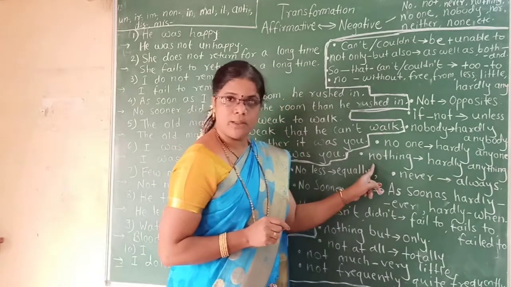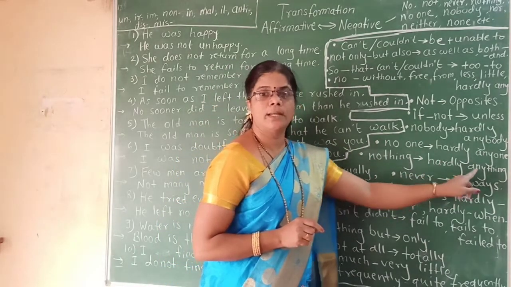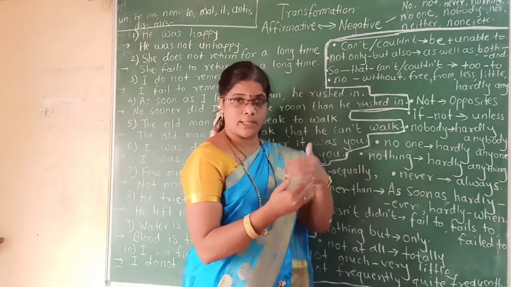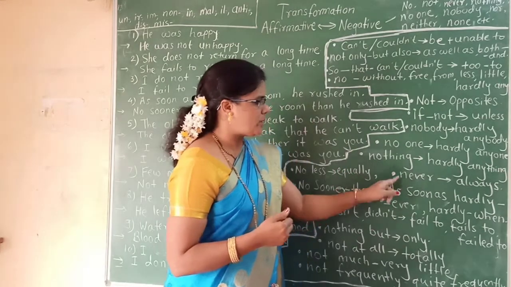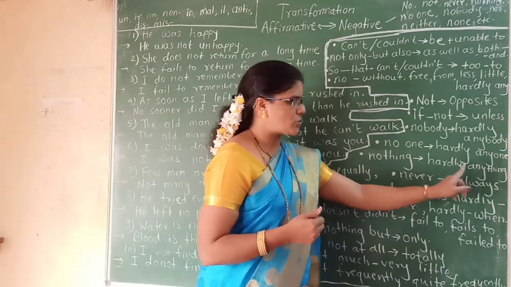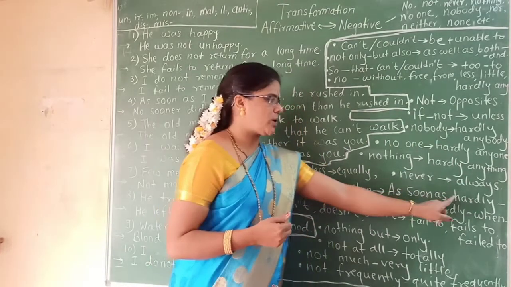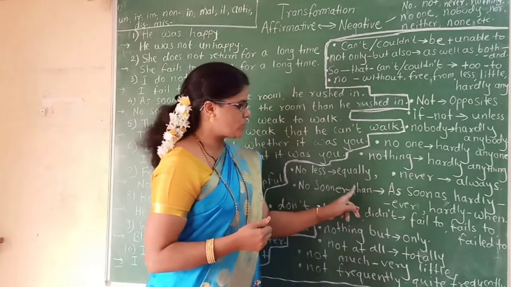If there's nothing in a negative sentence, in affirmative, you have to use hardly anything. And you have to see these changes vice versa also. Affirmative to negative, negative to affirmative. So here, never should be changed to always. Then as soon as is used, or hardly when, or hardly ever is used for no sooner than.